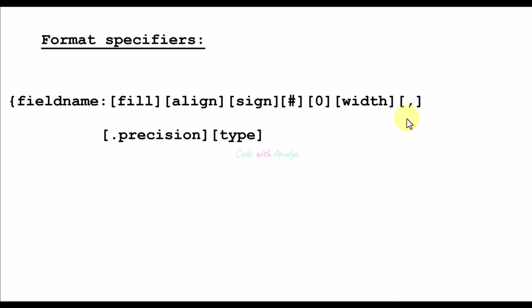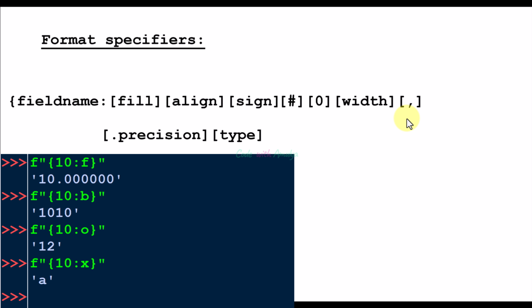Next field is type. Format conversion type. The type field tells Python how to format or convert the value, whether as a decimal, hexadecimal, string, float, percentage, etc. D for decimal number, B for binary number, O for octal number, X for hexadecimal form, F for fixed point, percentage for percentage, S for string.